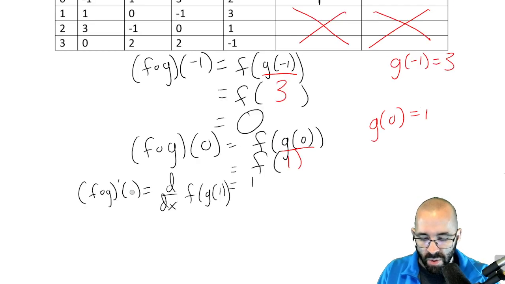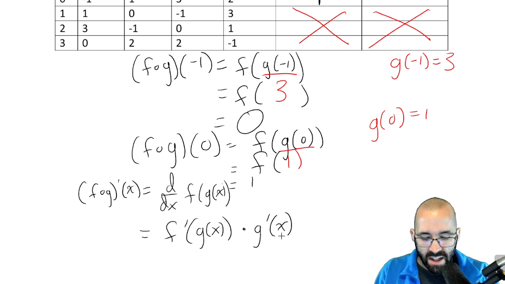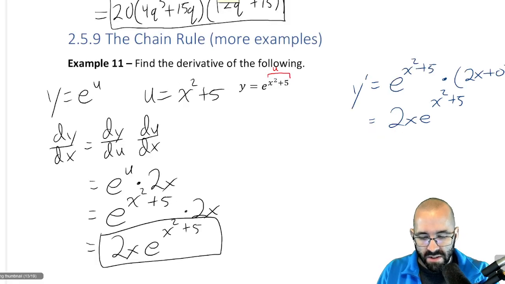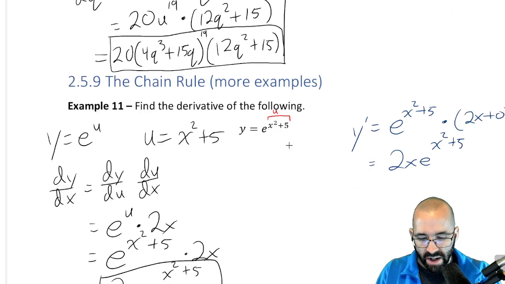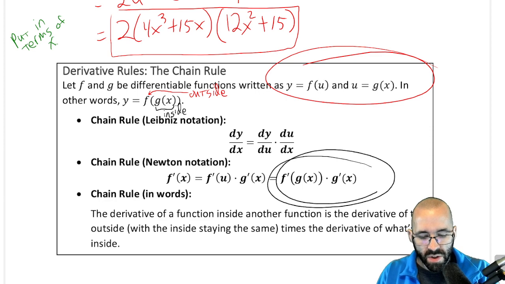Also, again, remember what I said earlier. We do need to take the derivative first before plugging in. The chain rule says this is the derivative of the outside function. We leave the inside alone and then multiply by the derivative of the inside function. This is literally what the chain rule says.